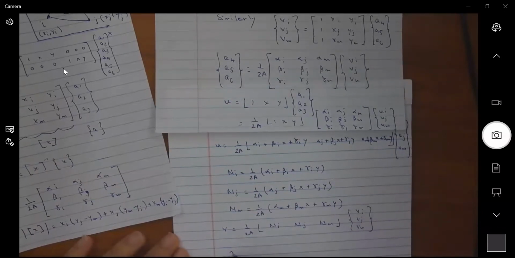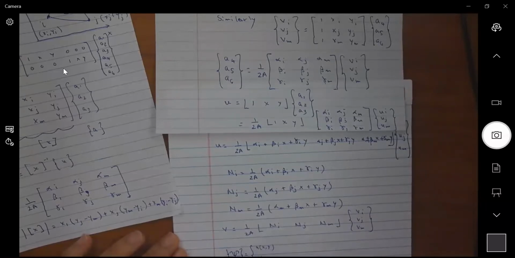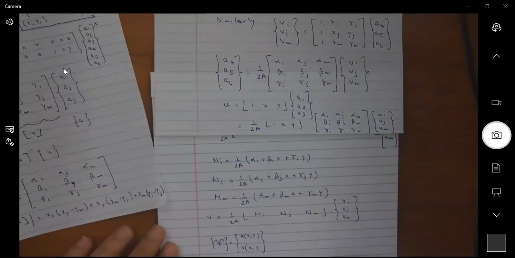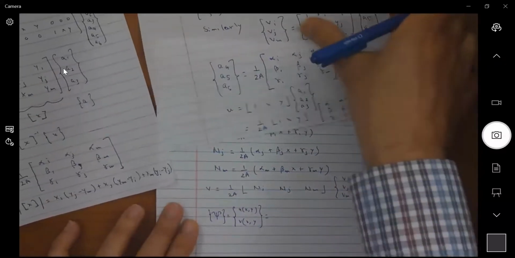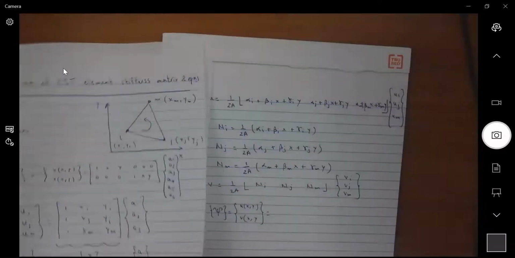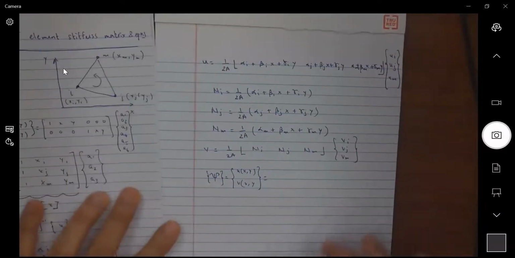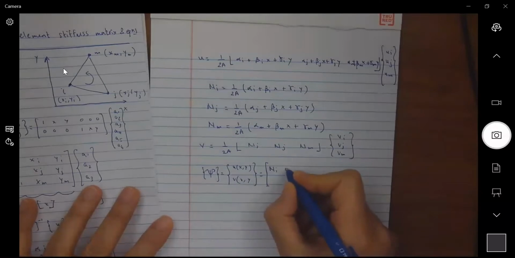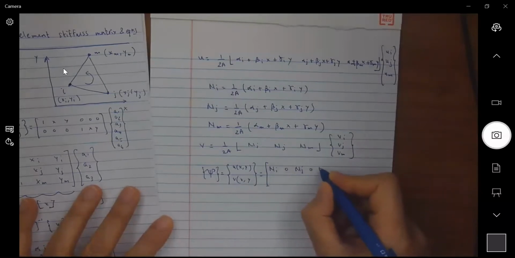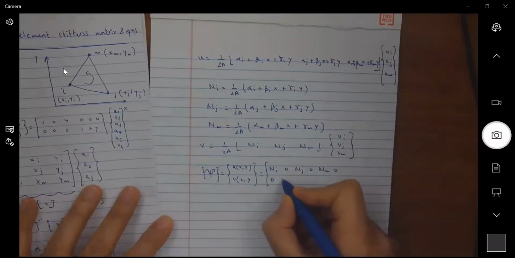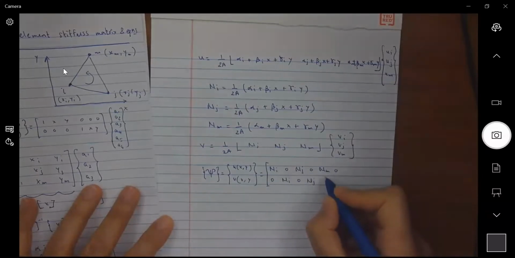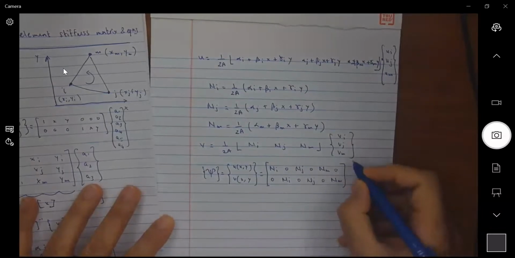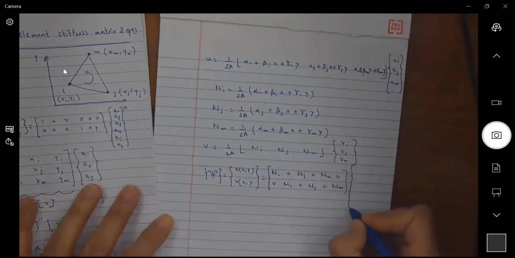If I want to express the displacement Psi in matrix form, where Psi is equal to U of X and Y and V of X and Y, I can write it as equal to Ni 0, Nj 0, Nm 0, and here I have 0 Ni 0 Nj 0 Nm, and here I'm going to have my nodal displacements in order.